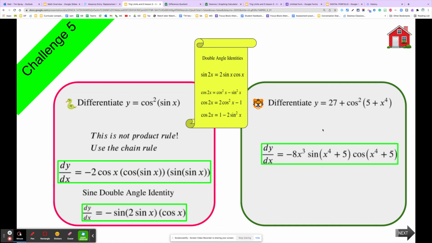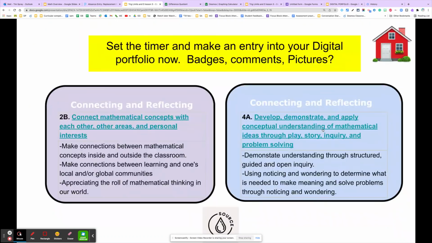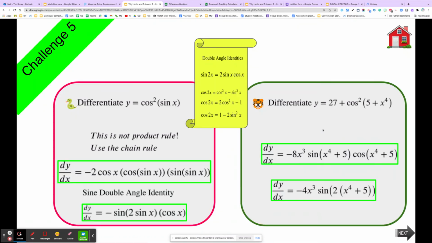Let's take a peek at this guy. And did I put steps in there? I think we're past giving you steps. So this is just wrestle time. So take your time on these. The key thing to notice here is that this guy and this guy are of the sine double angle identity. And that's not necessarily easy to see. Cos of sine x, sine of sine x.